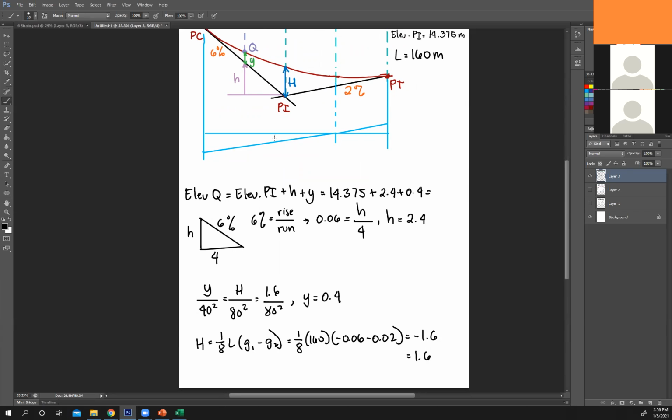And what's the final answer? 17.18. Correct. Very good. Then this is in meters. So that's one way to solve for that.